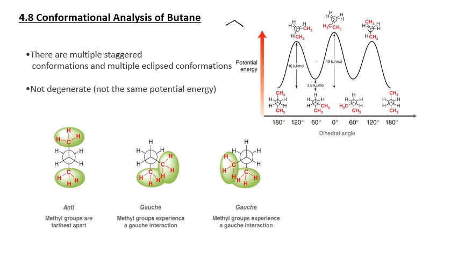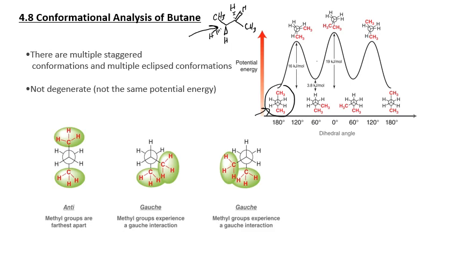Here's butane, and I'll show you what bond we're looking down. Imagine looking down this bond axis to get our first Newman projection here.